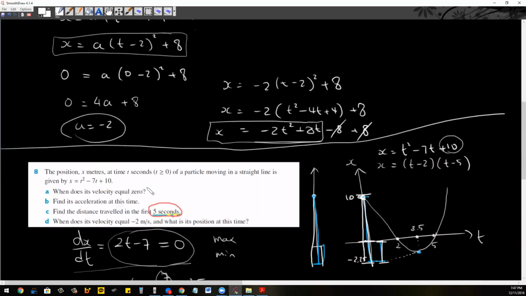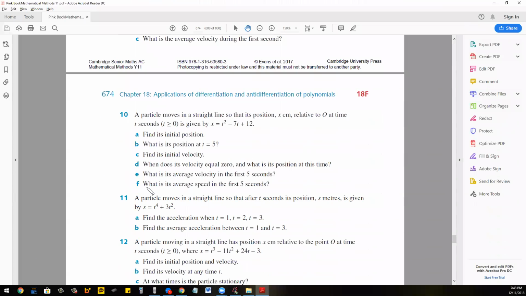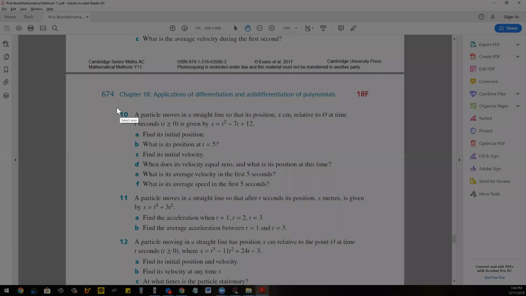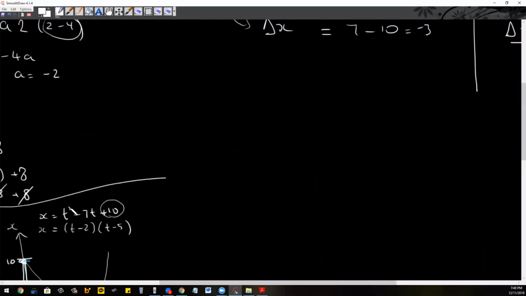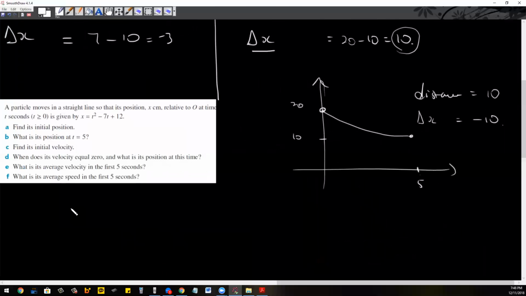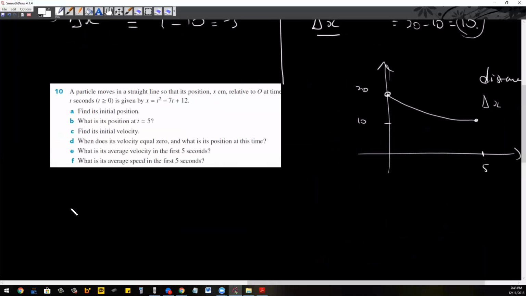It was question 10. It's actually got a distance question in it as well. Okay, let's have a look. My teacher said that we should definitely do this question because we're going to get a similar one in the exam.